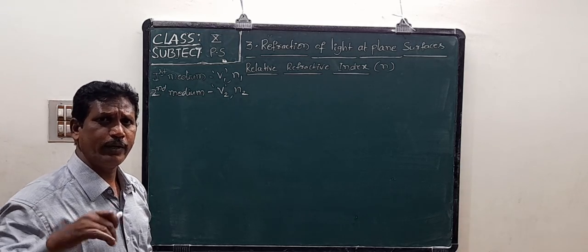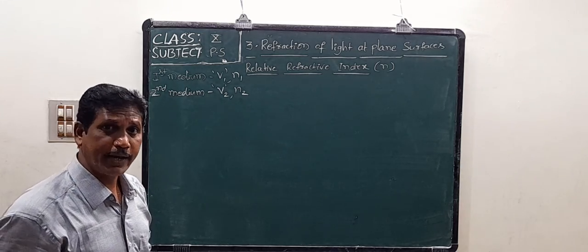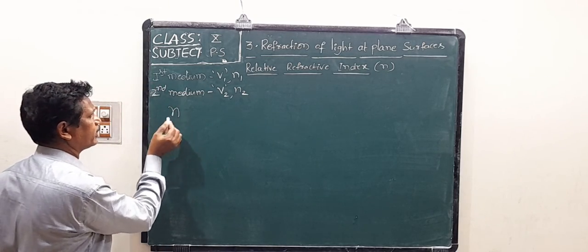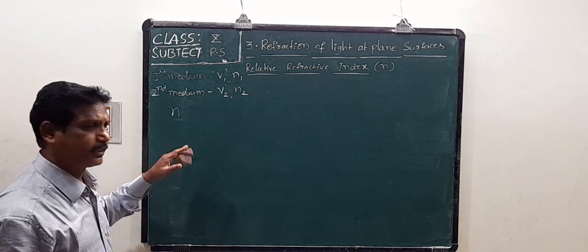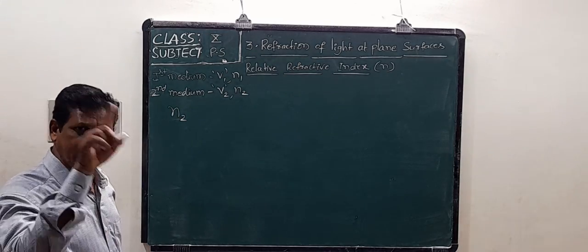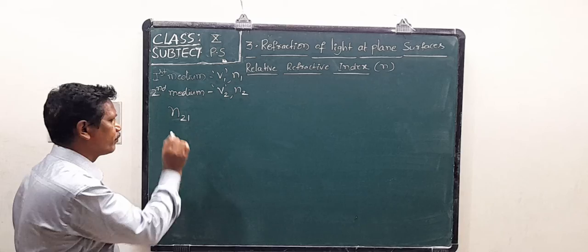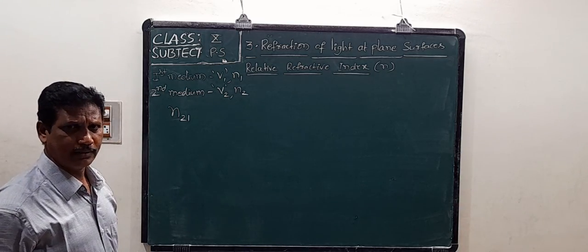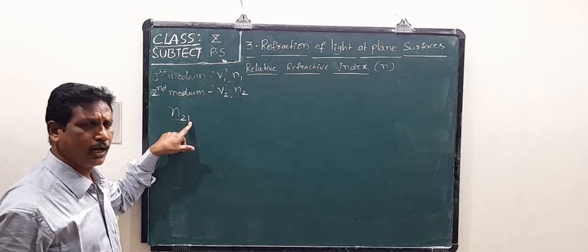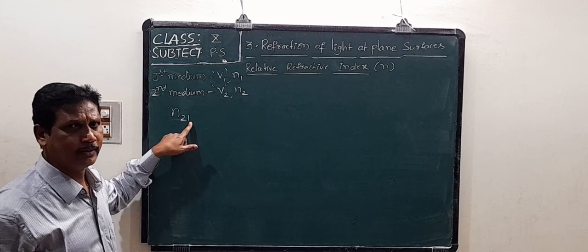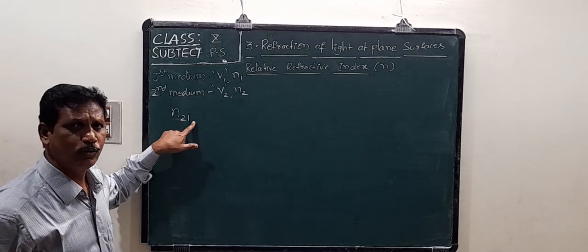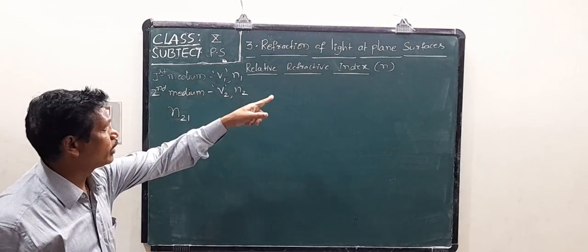Now the refractive index of the second medium with respect to the first medium, that is the symbol n21. n21 means refractive index of the second medium with respect to the first medium, that is the relative refractive index.